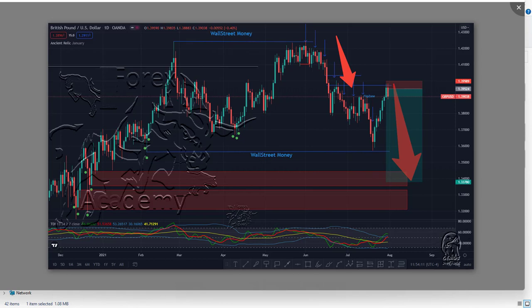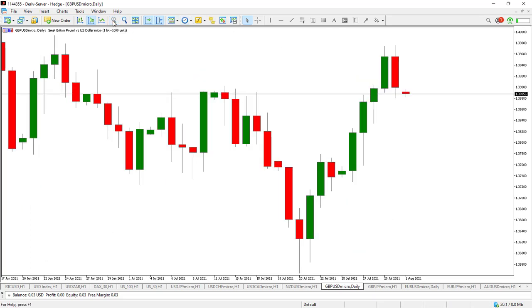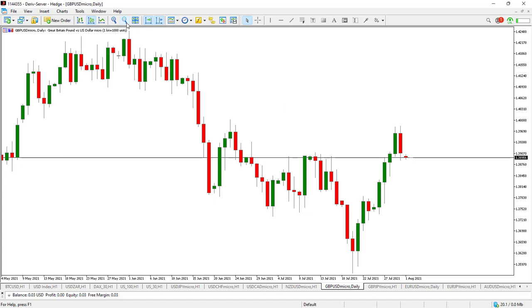If I have to analyze GBP USD, this is what I do, guys, using the daily time frame. Start by zooming in on the chart, and the things that I take into consideration are the 3-bar patterns.